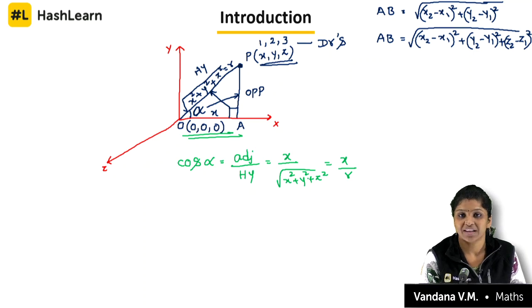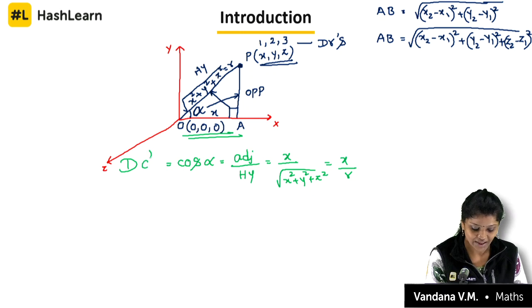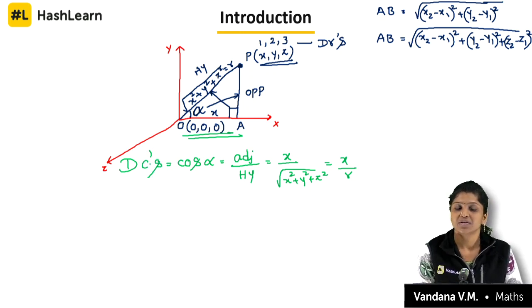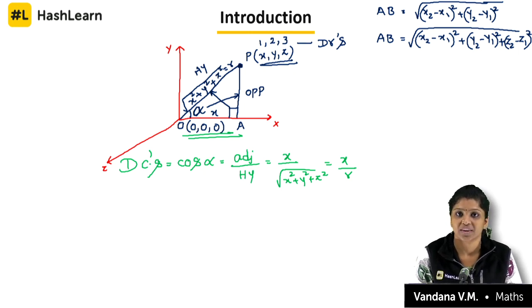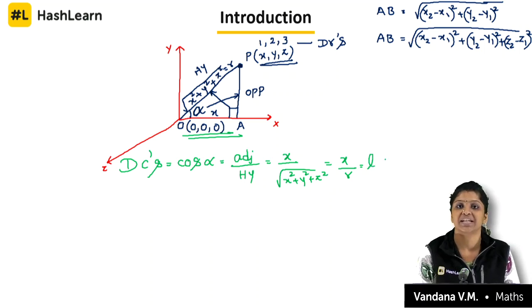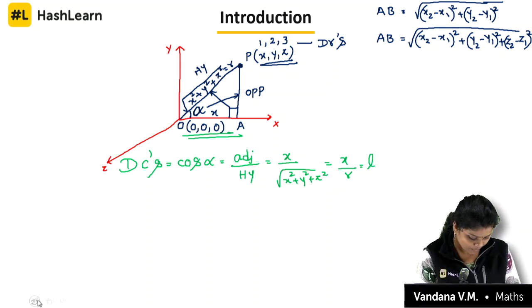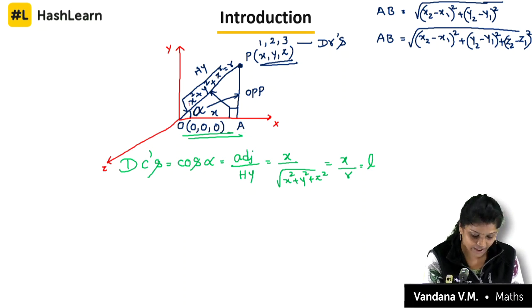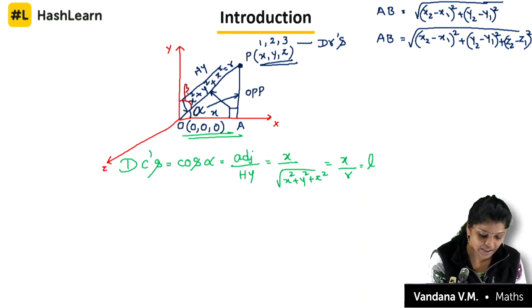That's the reason why this angle we are going to call direction cosines, DCs, because I can find out only the cos ratios, not the sine ratios, not the tan ratios. So I am going to call it direction cosines. When it is making the angle alpha with the x-axis, usually we represent it with L. Suppose this point is making some angle beta with the y-axis.